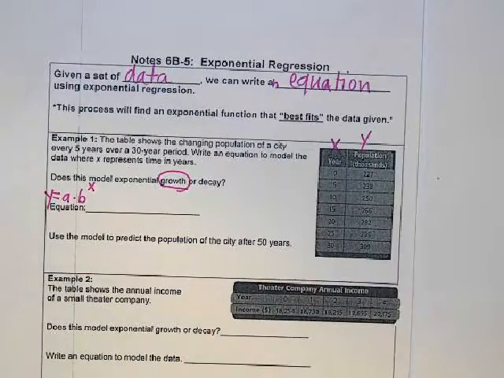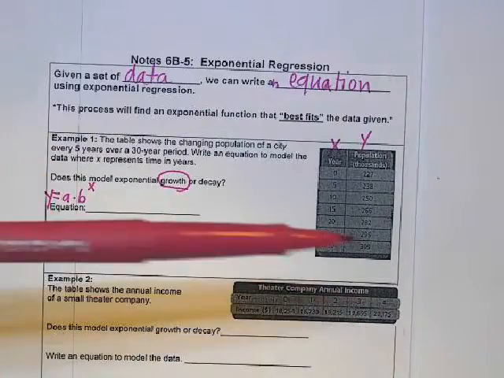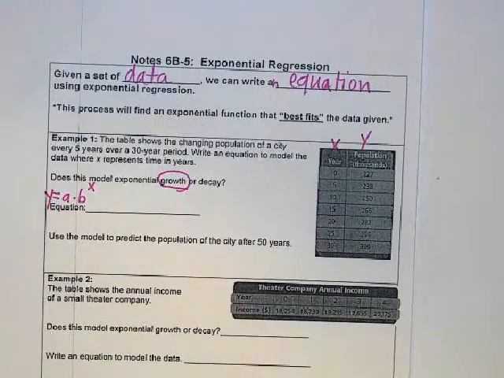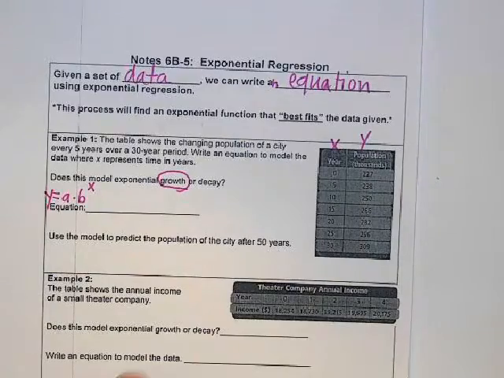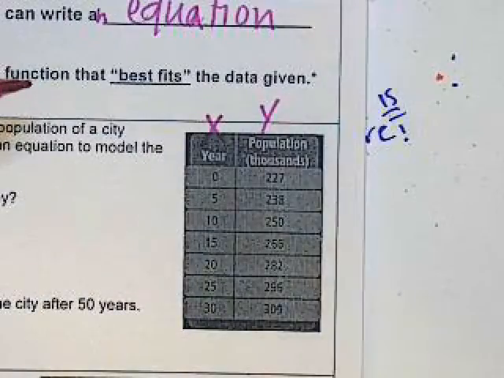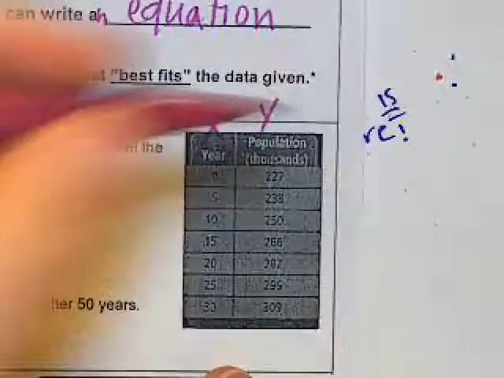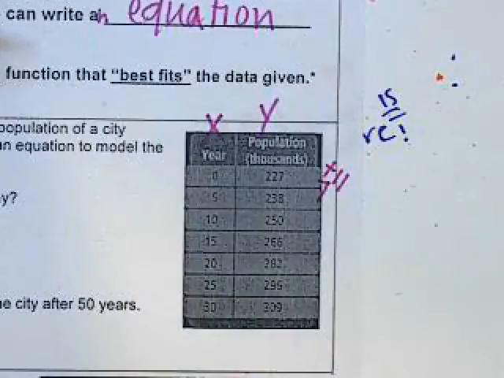But how do I know if I'm working on a test or homework or something like that, how do I know the difference between an exponential table and a linear table? Huh? How do I know the difference? Well, look at your numbers, okay? Are your numbers consistently going up the same amount every single time? So 227 to 238, what's that jump? 11.